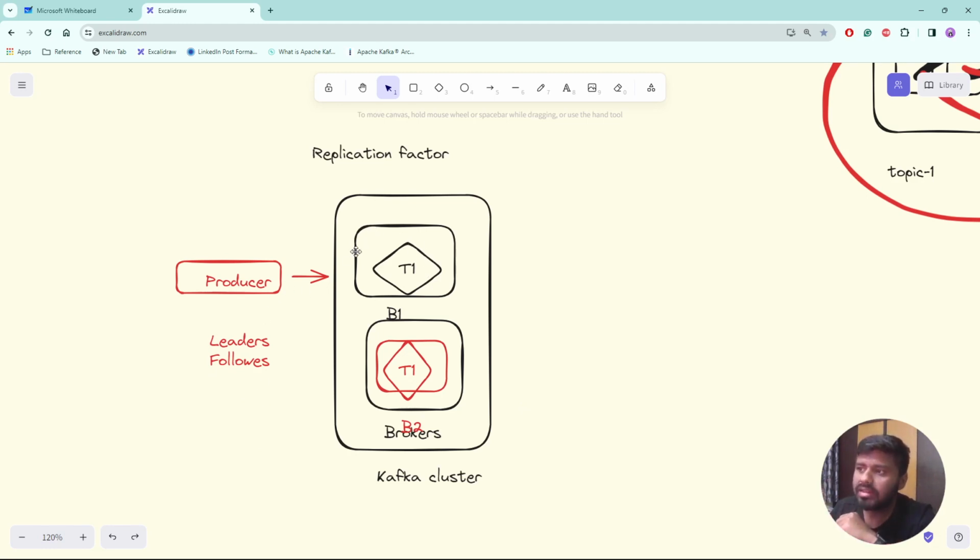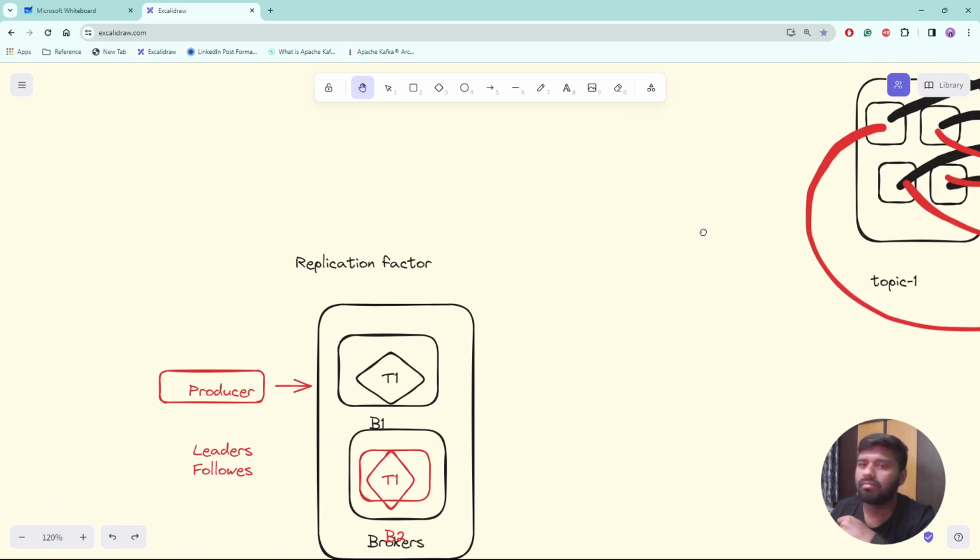Let's say once the leader and followers have been defined, the producer sends an update to the existing messages. The followers' responsibility is to follow the leader, get whatever update has been made to the information, and update their existing data as well. So this is the concept of leaders and followers. Make sense?